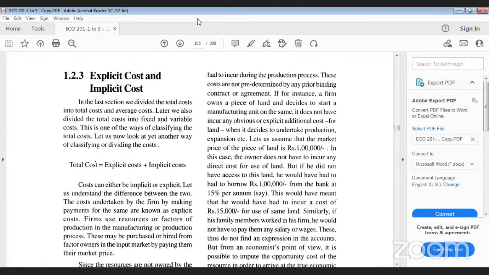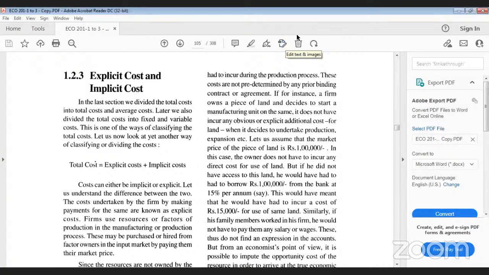But if he did not have access to this land, he would have had to borrow rupees 1 lakh from the bank at 15% per annum. This would have meant that he would have had to incur a cost of rupees 15,000 for the use of the same land.